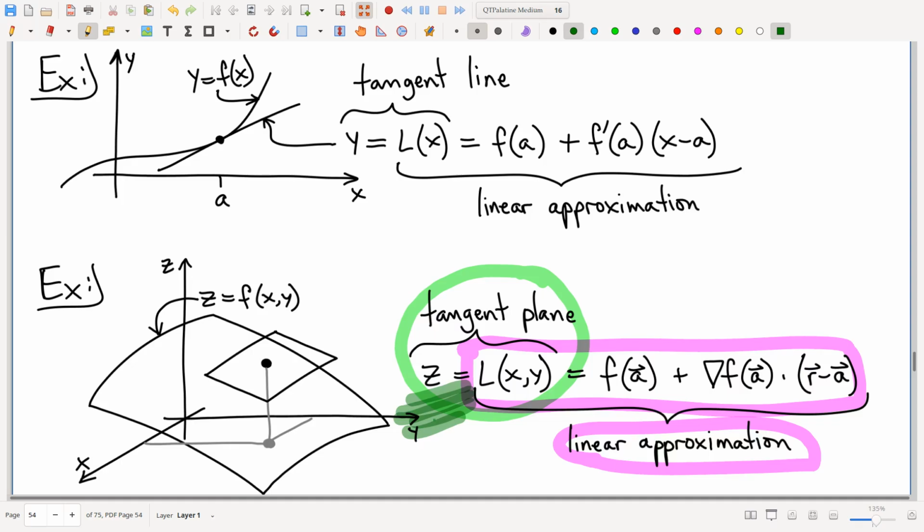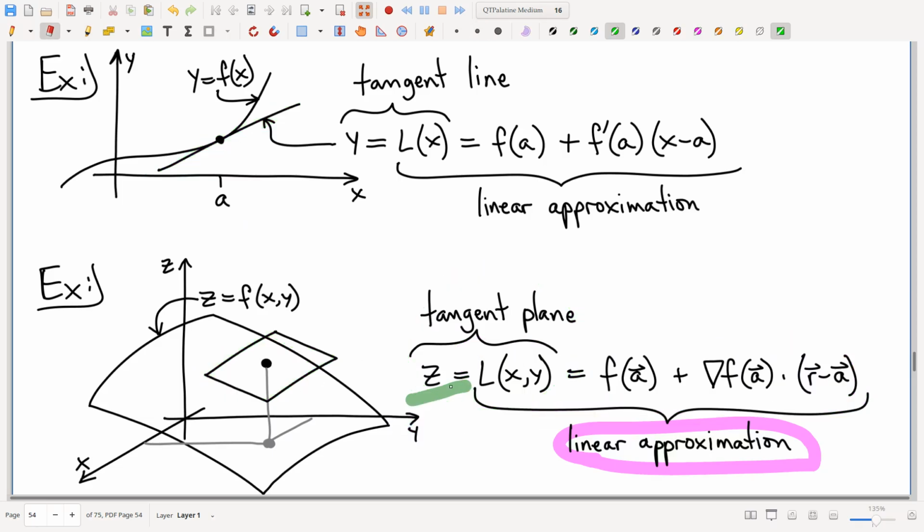This ends up being the equation of a plane. This is what we call the tangent plane. And in the same way that the tangent line is called the tangent line because it's a line that's tangent to the graph of the original function, likewise, we call this the tangent plane because it's a plane that is tangent to the graph of the original function. Okay. Same deal, same warning. Make sure to not conflate these two different things. How are we doing? Is everybody happy?